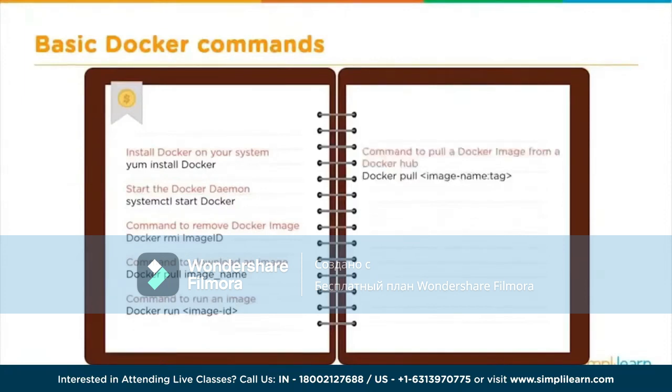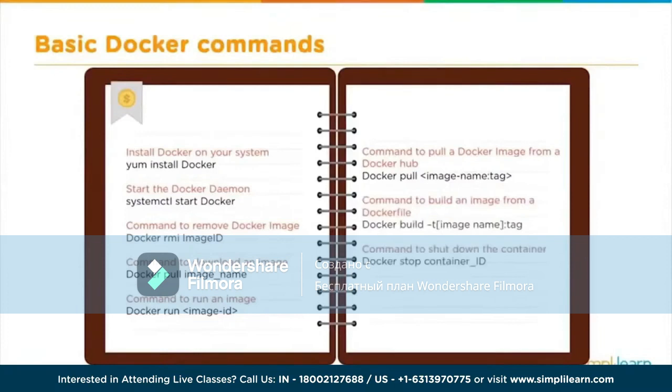If we wanted to pull specifically from Docker Hub, then we would have docker pull and then the image name and colon its tag. To build an image from a Dockerfile, you would do docker build -t and then the image name and colon tag. To shut down the container, you would do docker stop container ID. The command to access a running container is docker exec -it container ID bash.